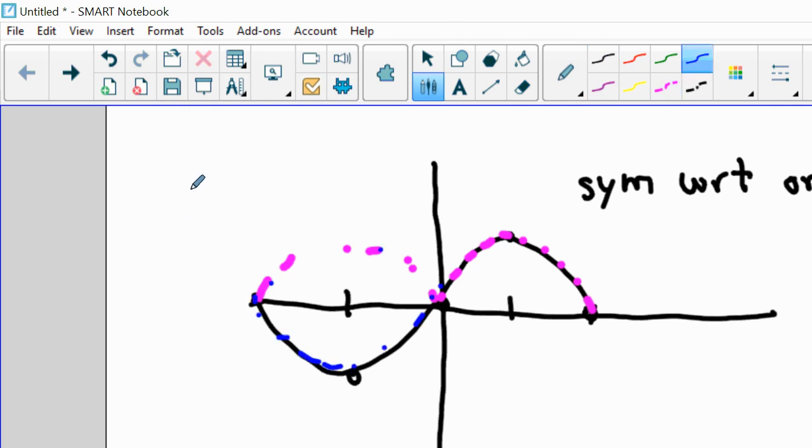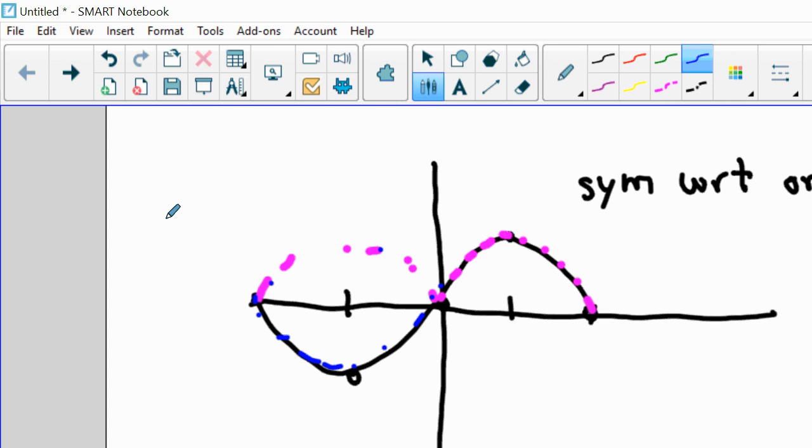So basically, if you had a piece of paper and you fold it in one direction, and then you fold the other direction and hold it up to the light, the graph is upon itself. That's how I see symmetry with respect to the origin. Call it the double fold, but most of the time, if you're in quadrant 1, well, the same thing as in quadrant 3. I think you get the idea.